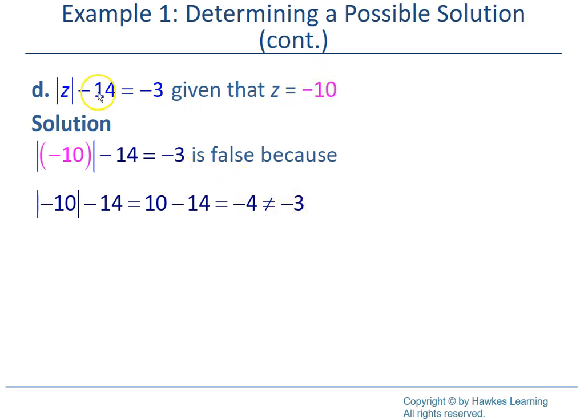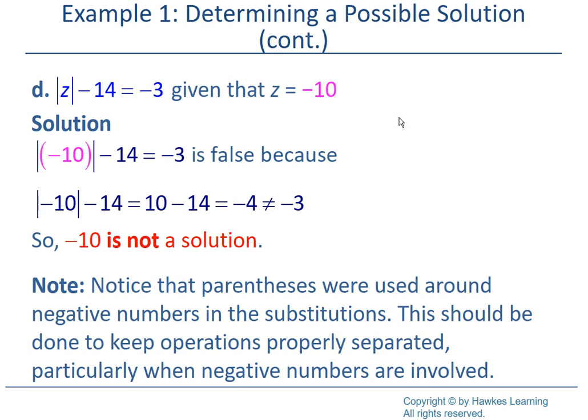So a negative 10 here would not be a solution. And often they remind us that when you are putting values into an original equation, use parentheses around that value. That helps preserve the signs of what you're working with.